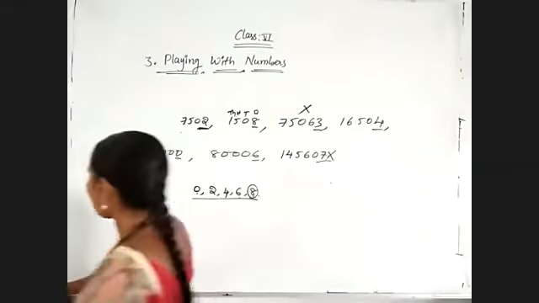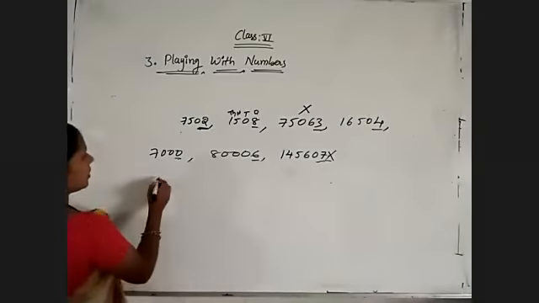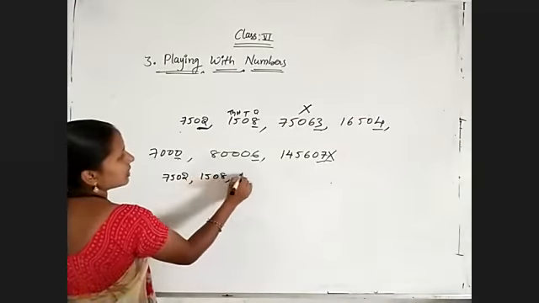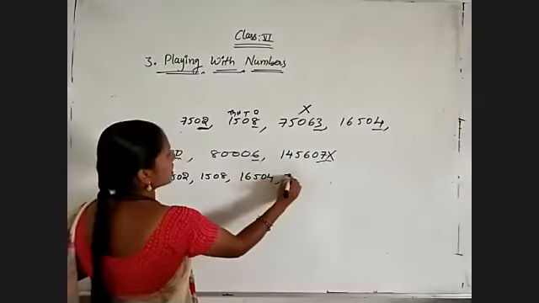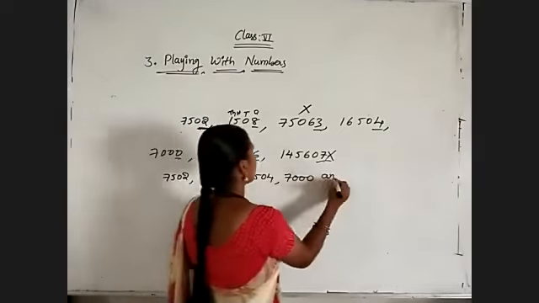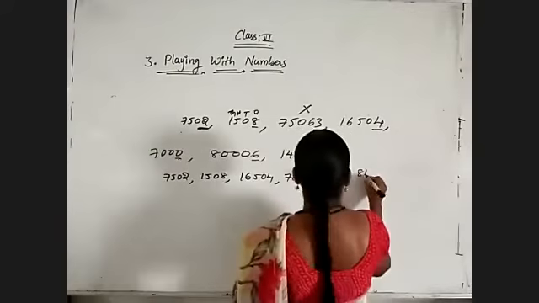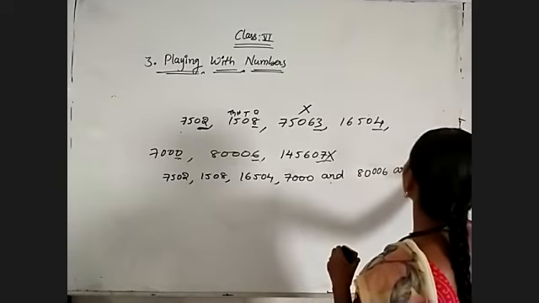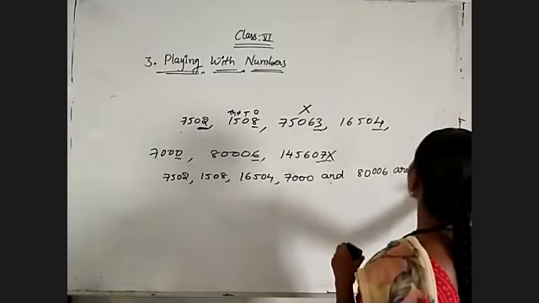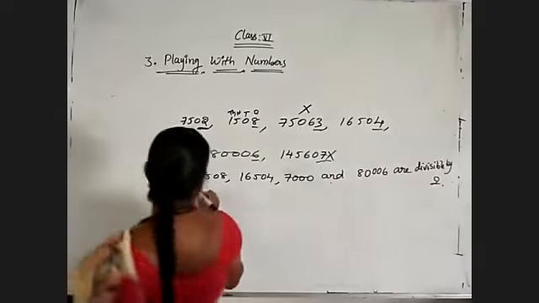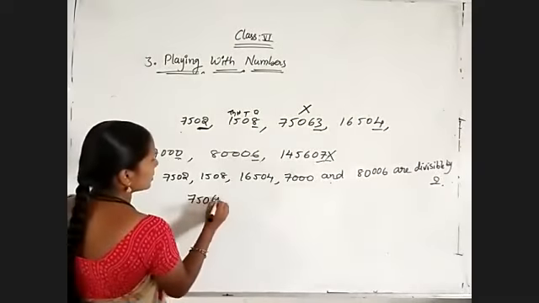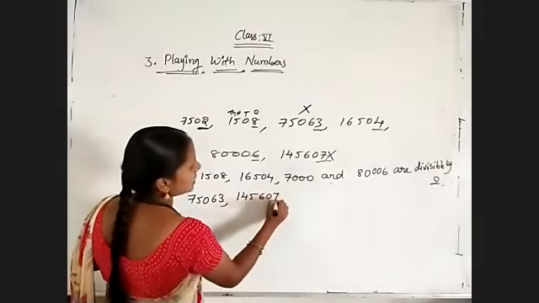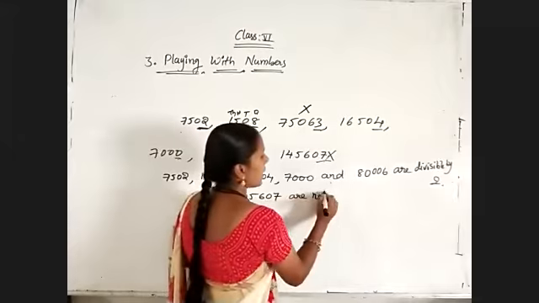So here I am listing the numbers. 7,502, 1,508, 16,504, 7,000 and 80,006 are divisible by 2, and 75,063 and 1,45,607 are not divisible by 2.